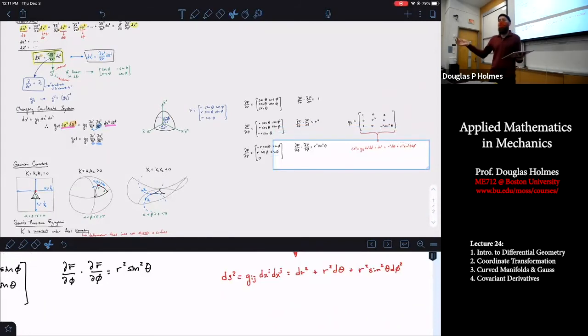Is the Earth round or is it flat? If I need to measure the Gaussian curvature of the Earth, I don't need to care about what's happening in the thickness direction. And so we can say, well, we don't care about changes in r.